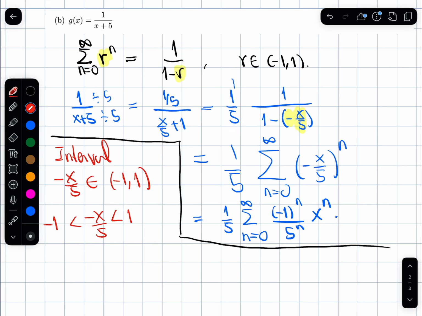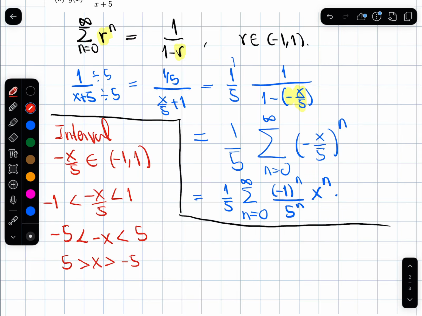I can multiply by 5 in all three sides, and then multiply by -1 in all three sides. Again, multiplying by a -1 switches the sides of the inequality.